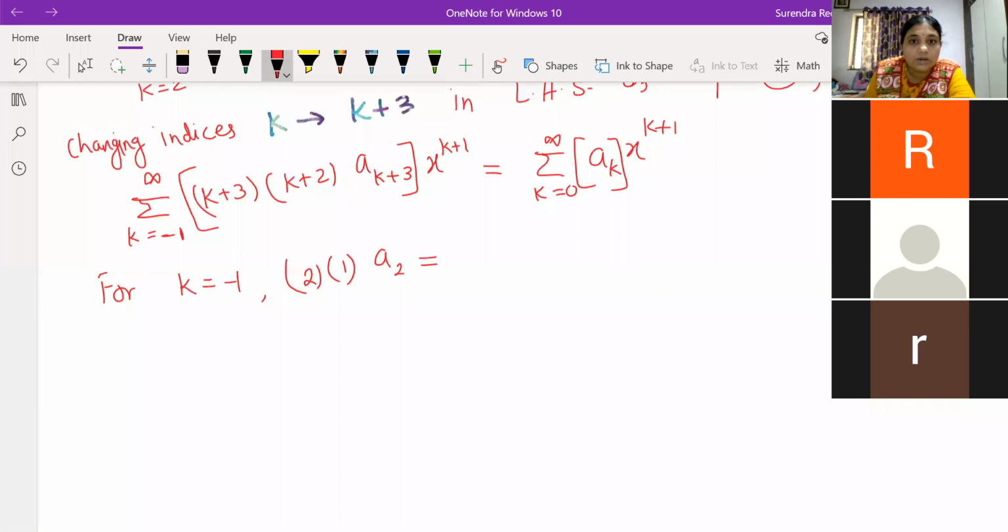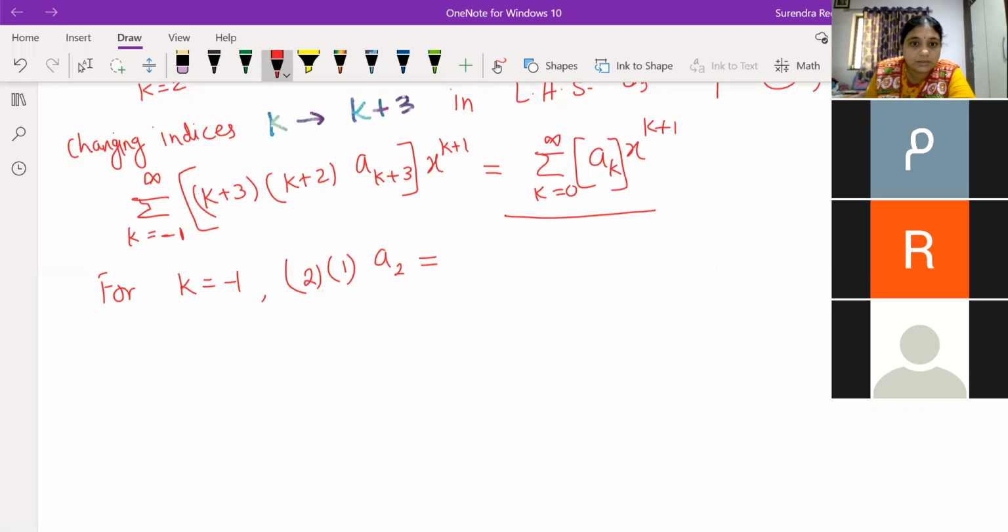What is the term here for k is equal to -1? There is no term, it doesn't start here on the right hand side. So it is 0.